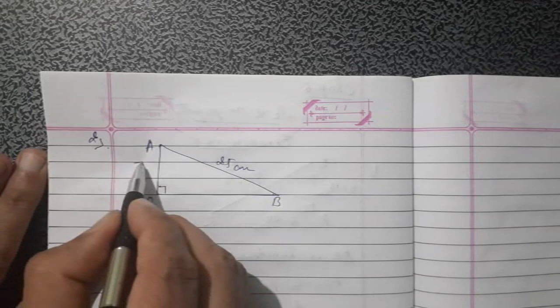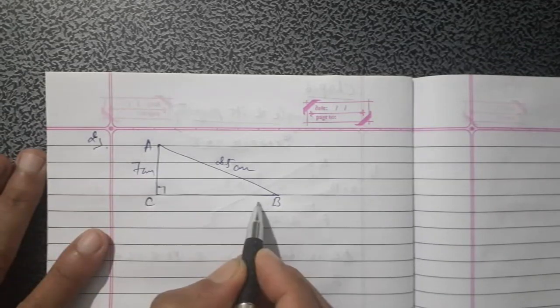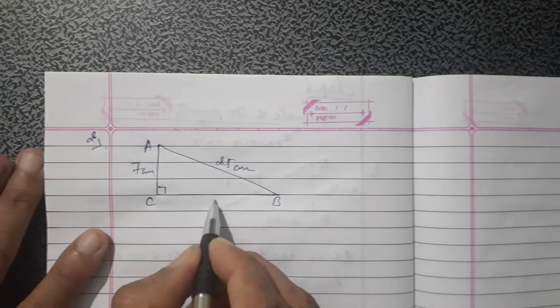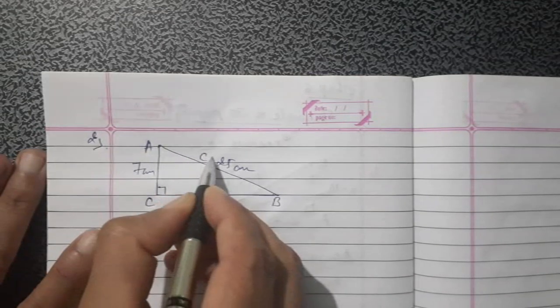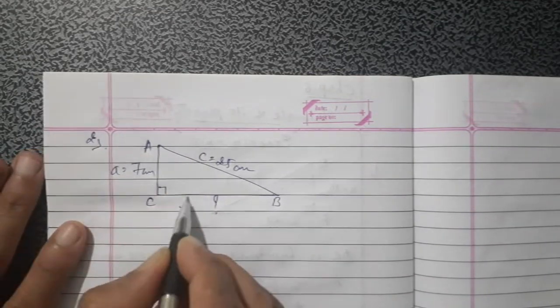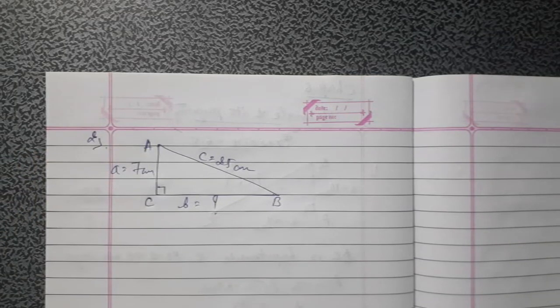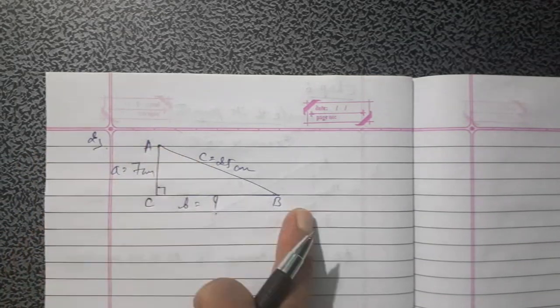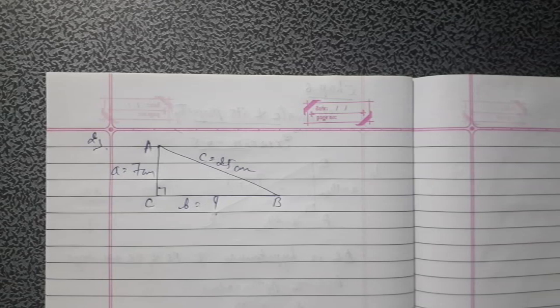Then AC is given, that is 7 centimeter, and CB is not given, question mark. Otherwise you just take AB, AC and CB.